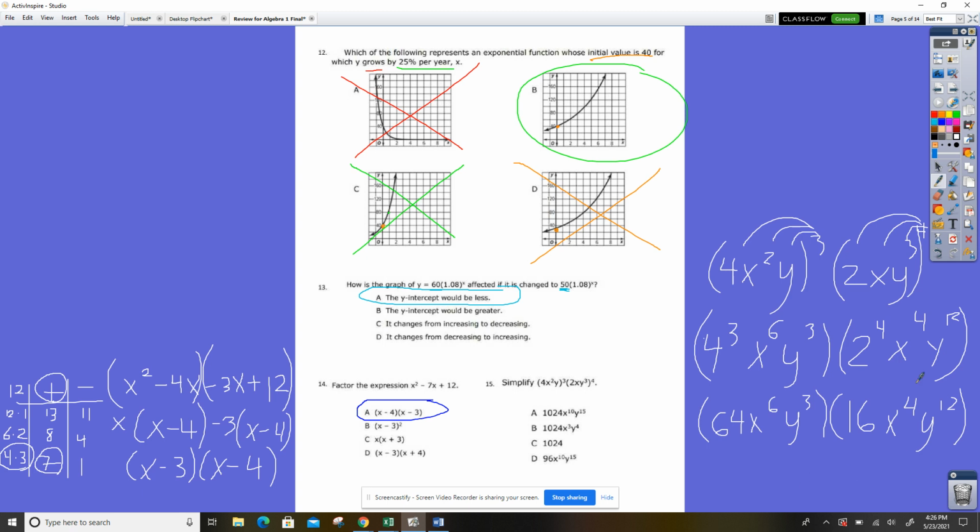Okay, remember when you multiply, you add your exponents and multiply your coefficient. So I have 64 times 16, which gives me 1024. x to the 6th times x to the 4th. 6 plus 4 is 10. And y to the 3rd times y to the 12th. 3 plus 12 is 15. So my answer is 1024, x to the 10th, y to the 15th, or A.